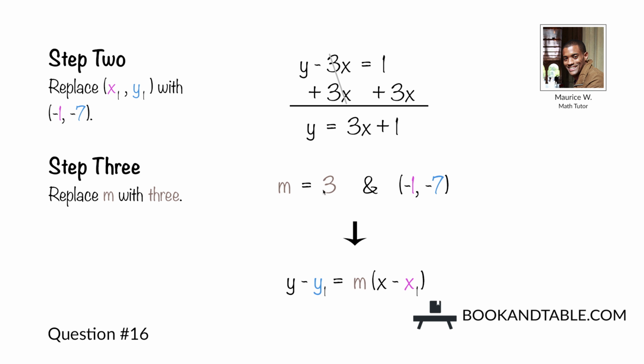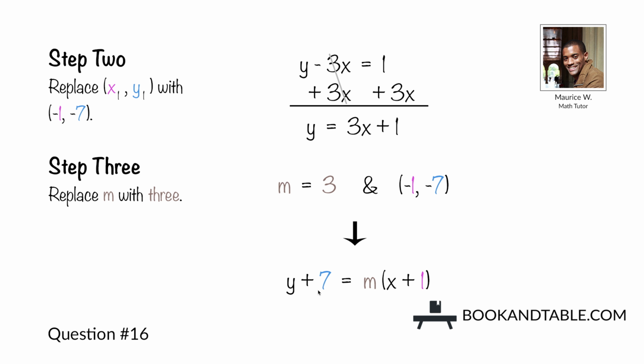And we know that this line travels through the point (-1, -7). So we use the slope 3 and this point in the point slope form to find the equation of the line. So step 2, replace x1 with -1 and y1 with -7.